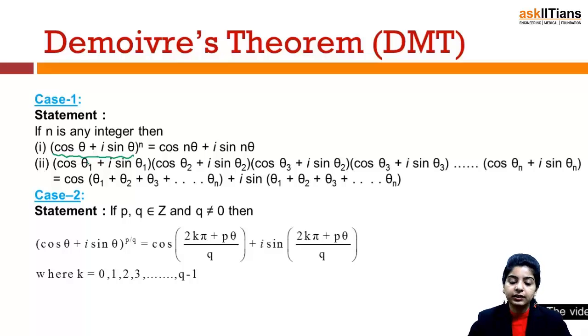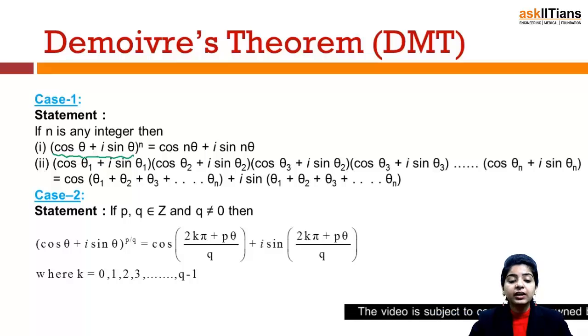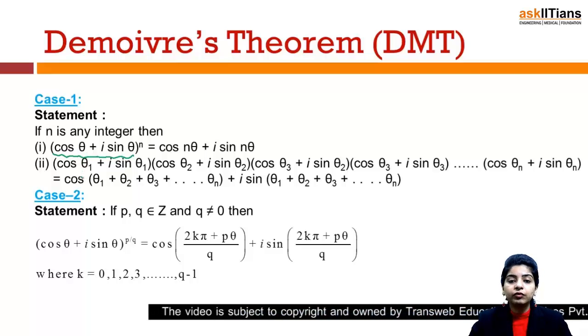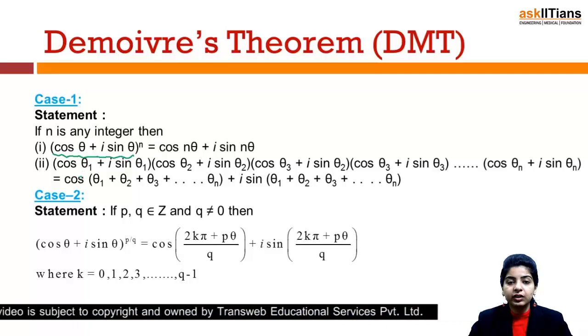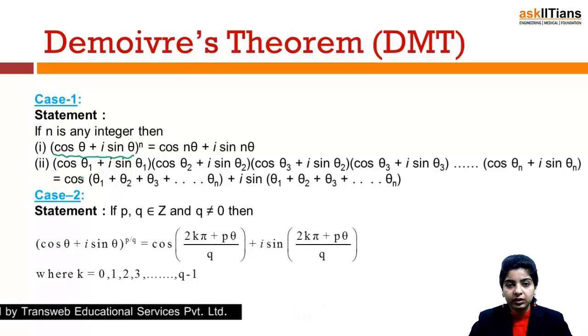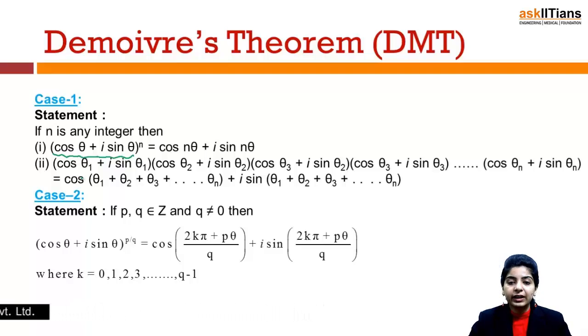iota sine n theta. And then if you have a product of the form (cos theta 1 plus iota sine theta 1) into (cos theta 2 plus iota sine theta 2), and so on, (cos theta n plus iota sine theta n), then that will be equal to cos of (theta 1 plus theta 2 plus so on theta n) plus iota times sine of (theta 1 plus theta 2 so on theta n).